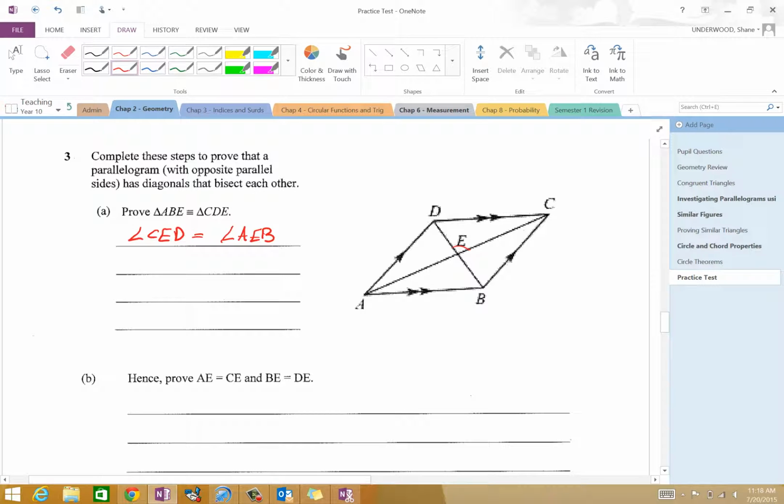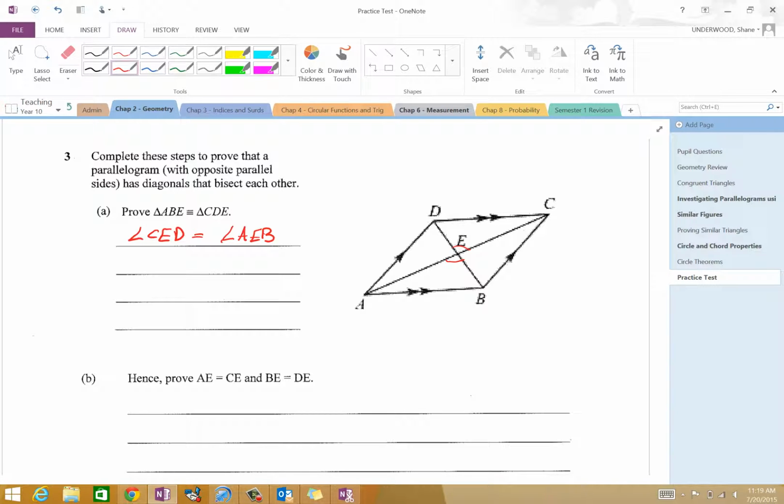Why though? Because they have... Supplementary. What's the word? Are they supplementary? Is there a list of these words somewhere? They're vertically opposite.